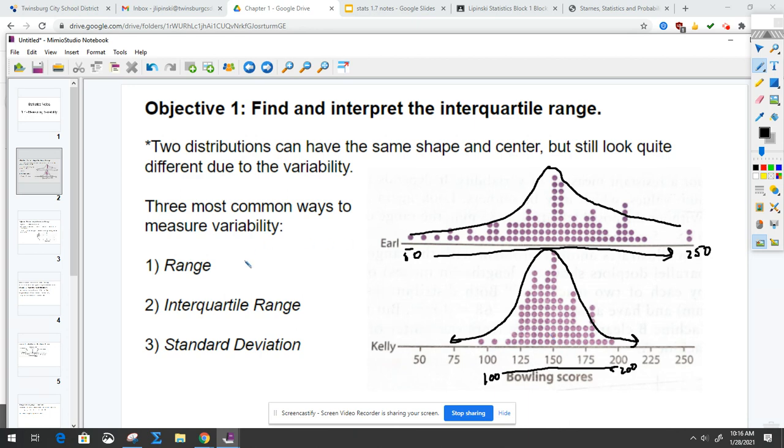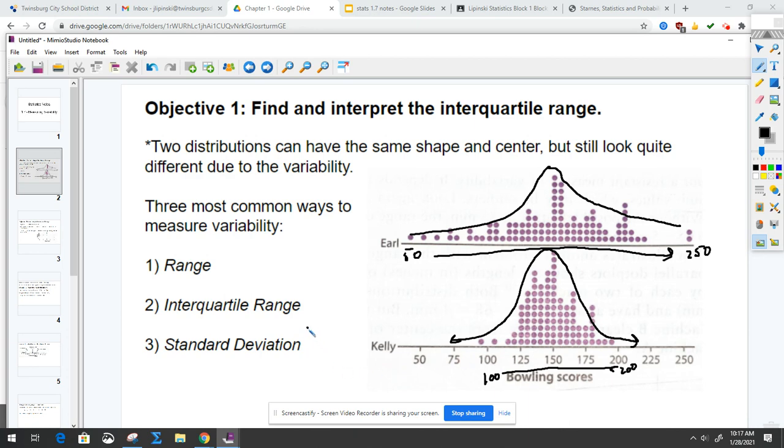Talking about interquartile ranges, we break the data up into the first quartile, second quartile, third quartile, and fourth quartile, looking at the first 25%, second 25%, third 25%, and then the last 25%. The interquartile range covers the middle 50%.